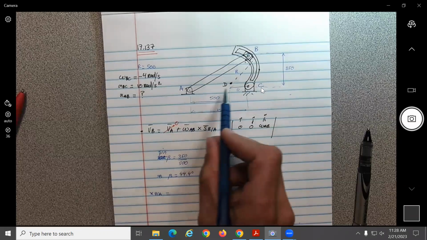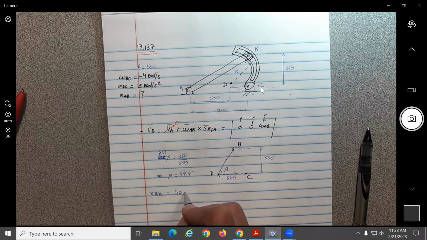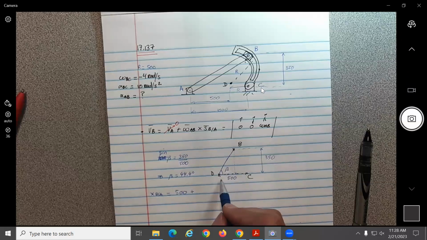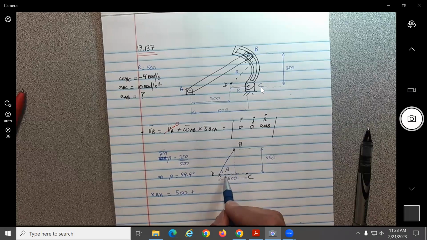If I go from here, it would be 500 plus what? We need to find what would be, so 500 is from here to here. We need to find how much will be now that distance here, no?